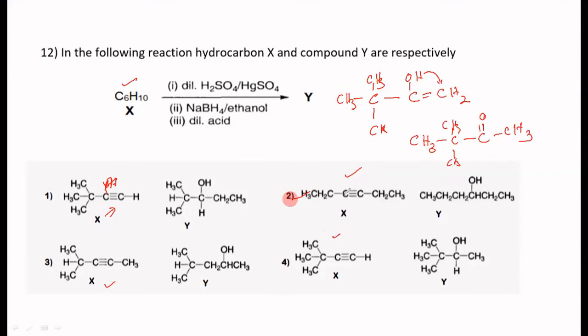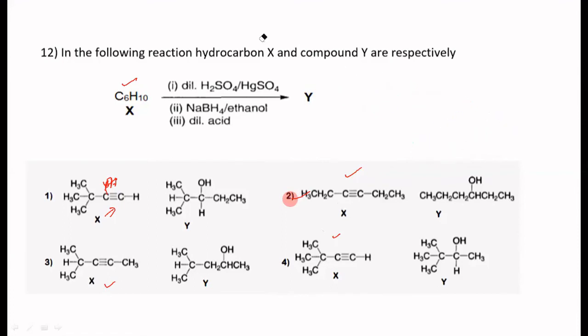If these two are correctly matched, then you can take it. Somebody has written second. Let's check whether the product formed is so or not. The first compound is an internal alkyne, right? So you can write it this way: CH3, CH2, C triple bond, with C double bond O, and then CH2, CH2, CH2, CH3.